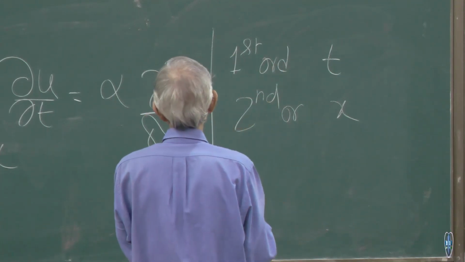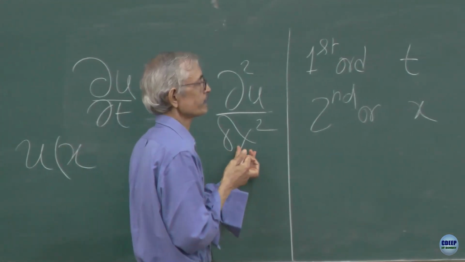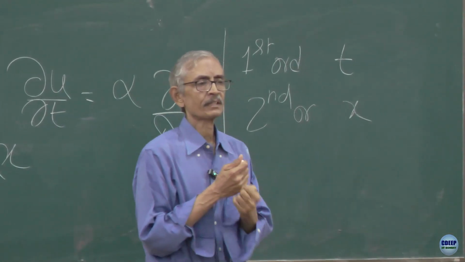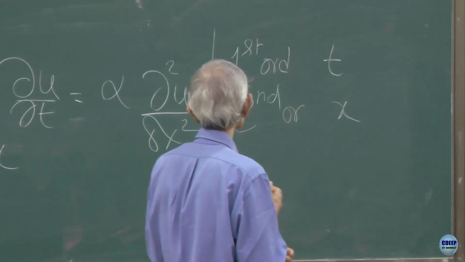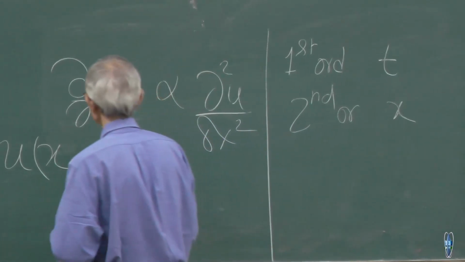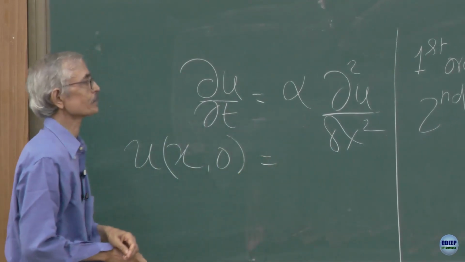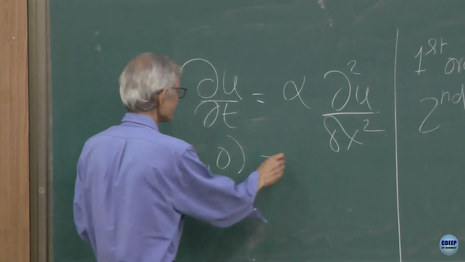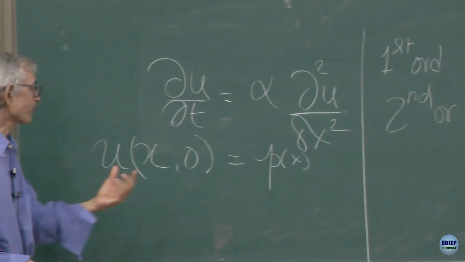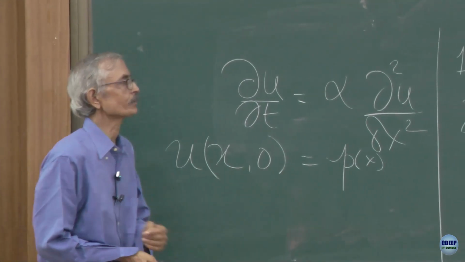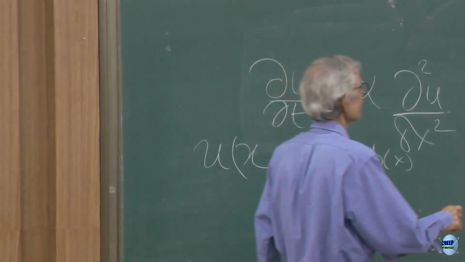So u is the dependent variable, t is the independent variable, x is the independent variable. We have an equation that is second order in x, first order in time. So we need two equations or two conditions on x. So we'll say u at t equal to 0 is some function of x. So at all x at time t equal to 0, that's my first condition, and that takes care of this guy here.